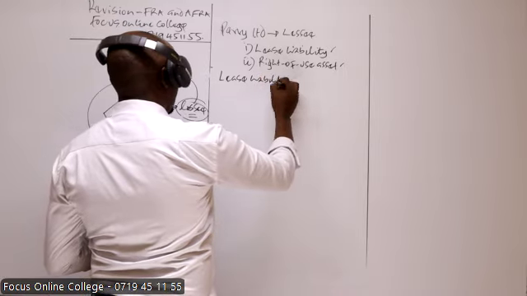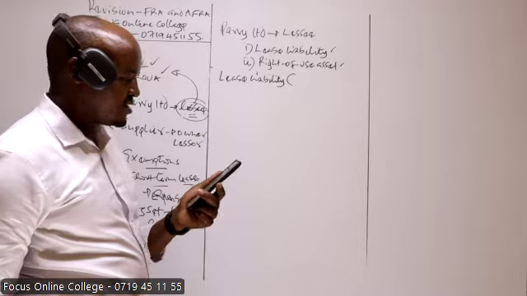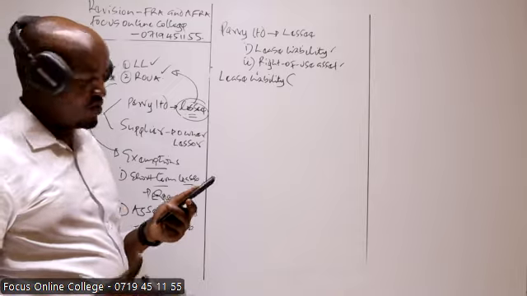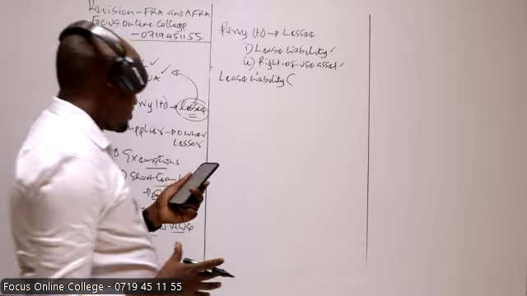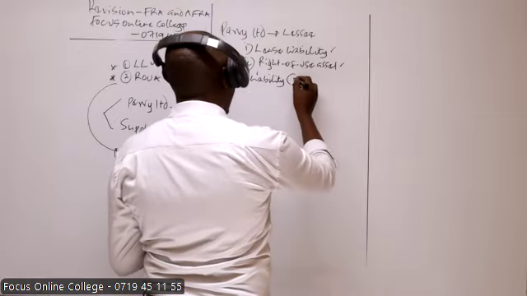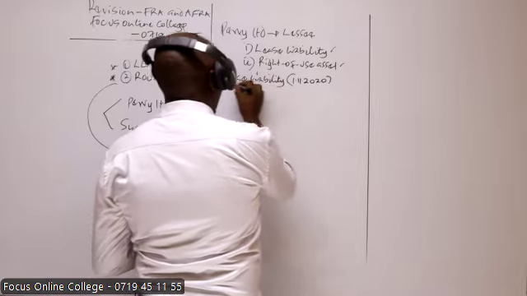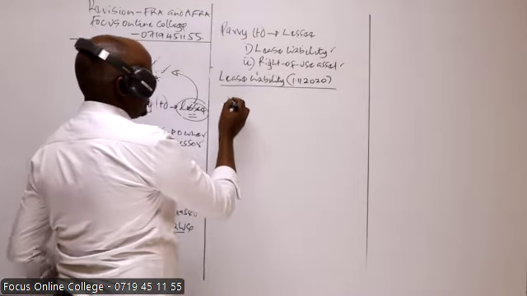So let's start by computing the lease liability. At the inception date, the inception date is the date when the lease was entered into, the date the lease commenced. And we are given that date in the first sentence, which is 1st December of 2020. And how do we compute the lease liability?